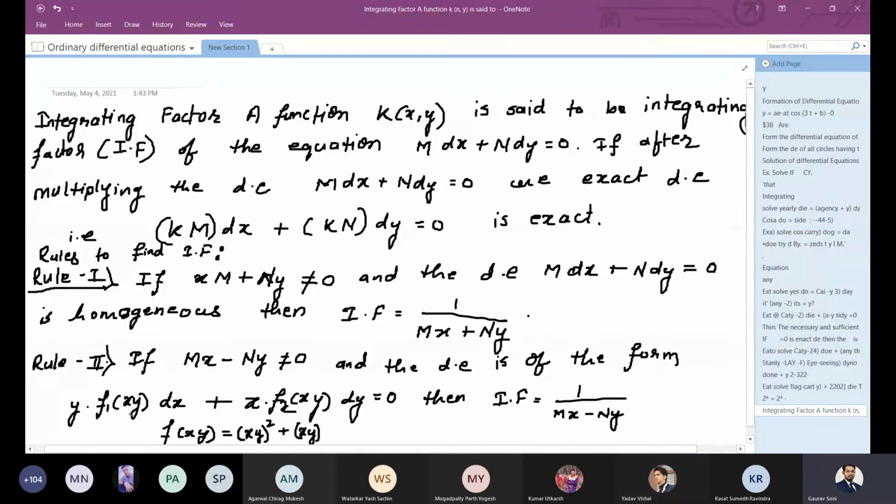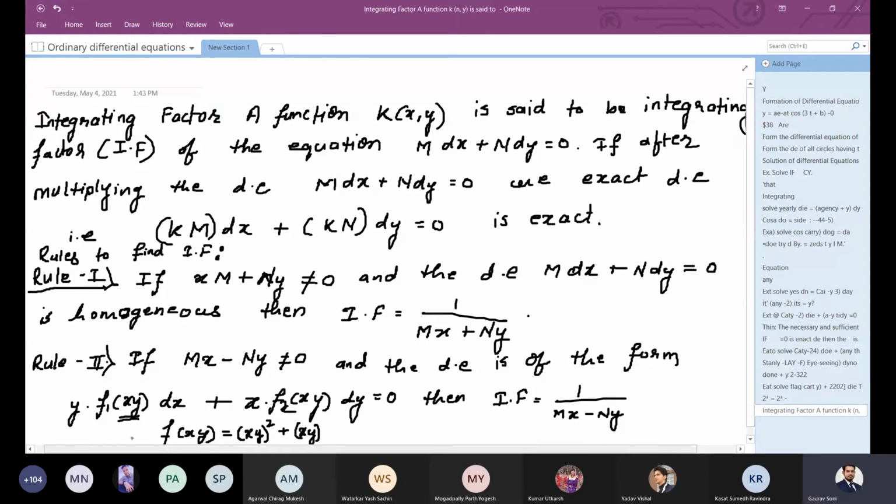So when I say f1 of xy, it means that wherever the variable occurs, it has to be in the form of x into y. It means that in the complete expression, I can replace xy by m, and you will get a function in terms of m.